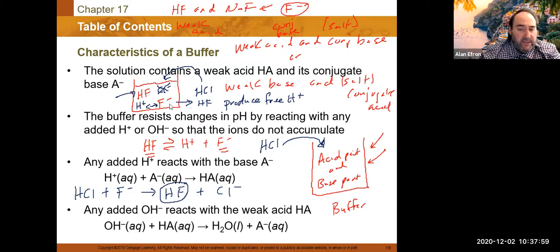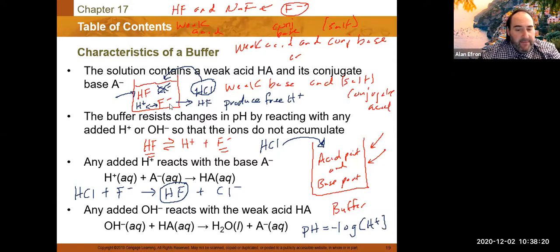Because we didn't produce any more free H plus from the HCl that we added, the H plus concentration remains relatively constant and the pH also remains relatively constant. And again, that's because the pH is equal to minus the log of the H plus concentration.